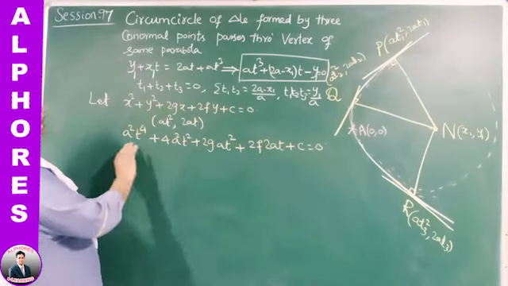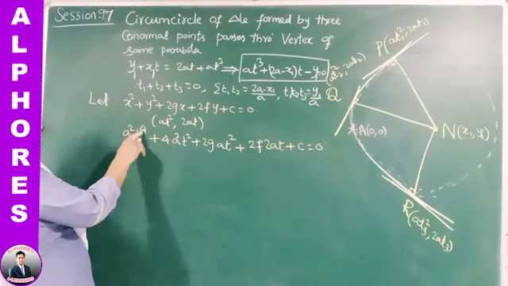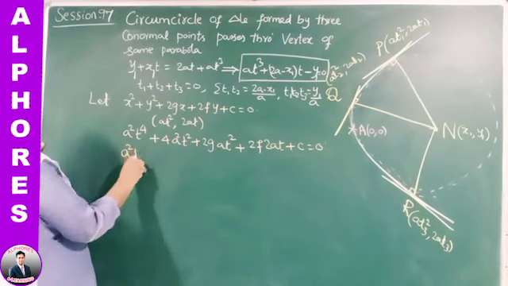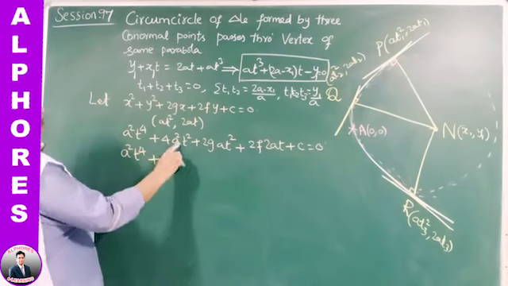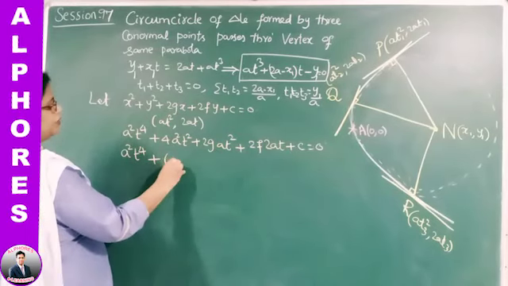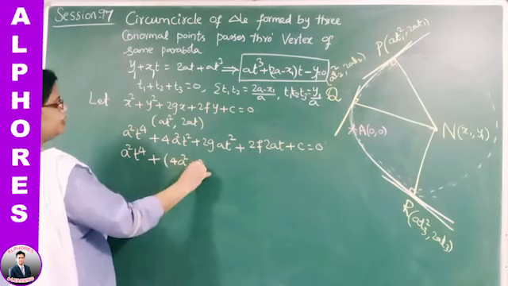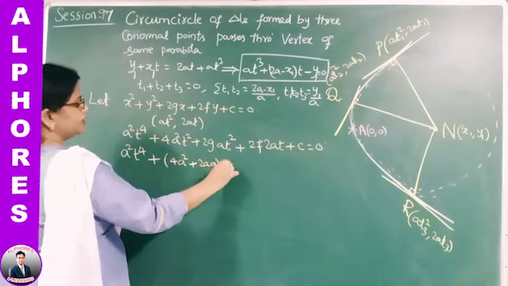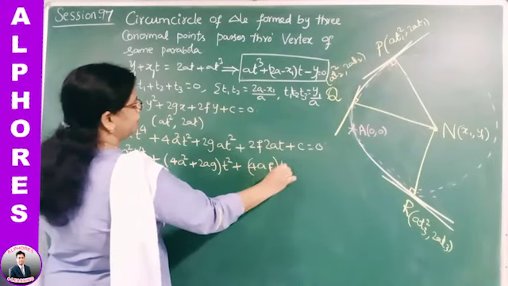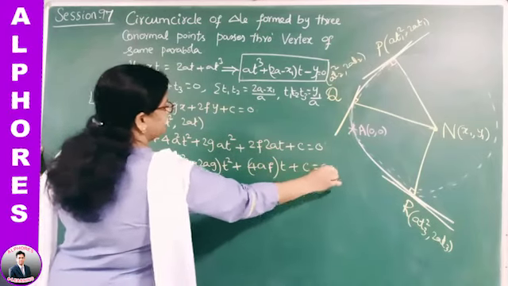Understand? And now this is a biquadratic equation in t. So I am writing a square t to the power of 4, plus there is no cube term, so I am taking t square common, (4a square plus 2ag) t square plus 4af into t plus c equal to 0.